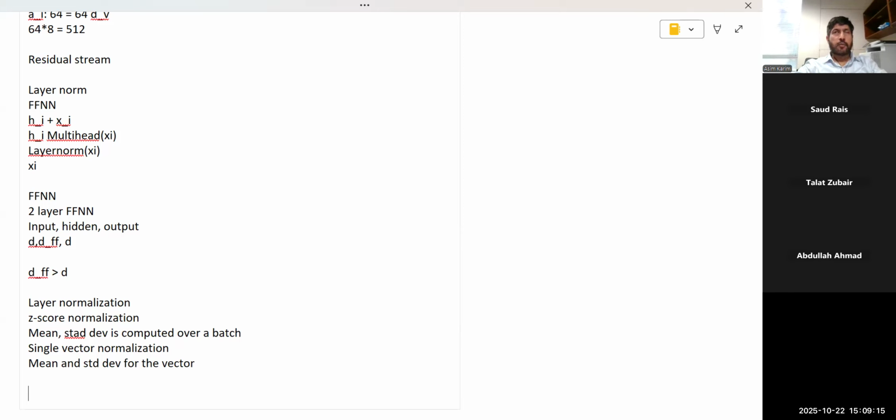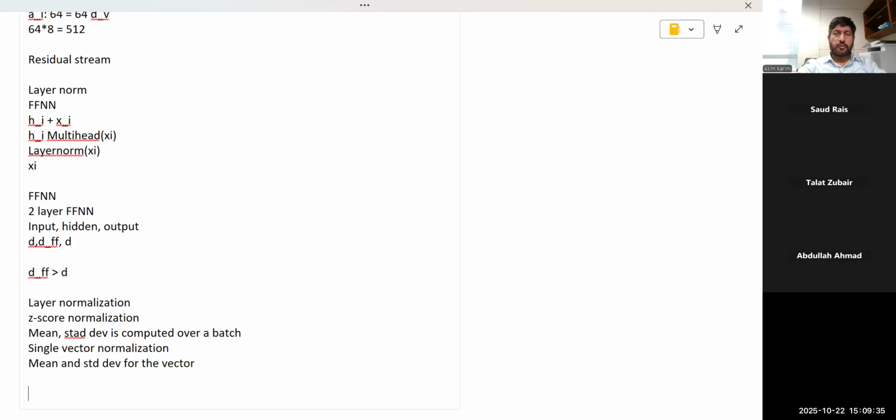The parameters of the model are all those W's that we saw that we use to transform the x's to V, Q, and K. And then the parameters of the feed forward neural network, of course, and there are, of course, a couple of parameters for layer normalization as well.